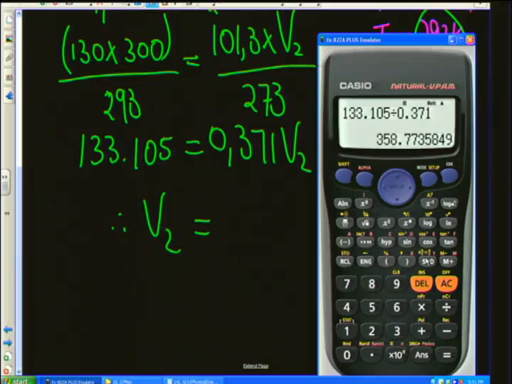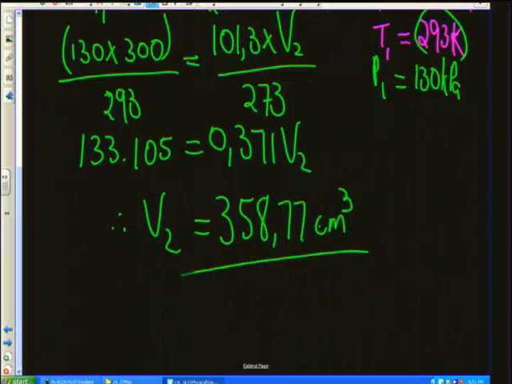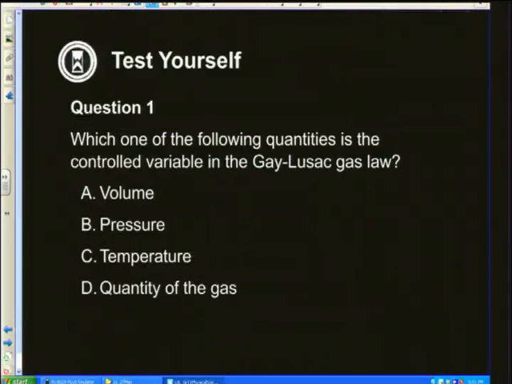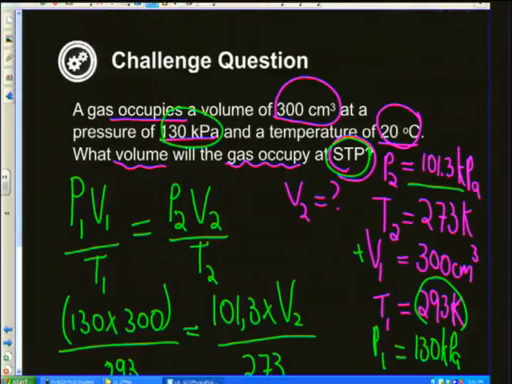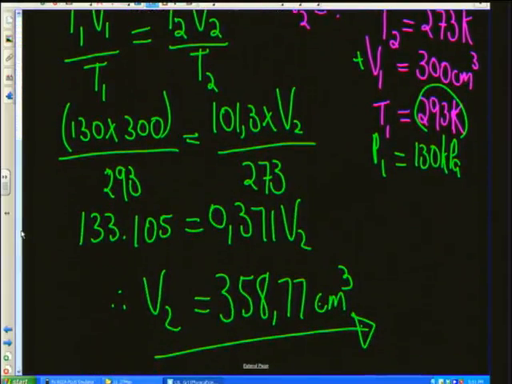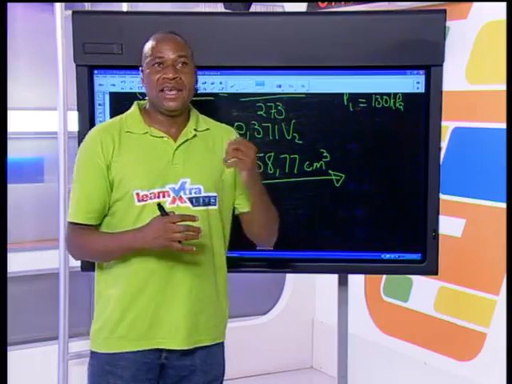So that is 358,77 cubic centimeters. That will be the new volume occupied by the gas, the volume at STP, the volume at standard temperature and pressure, as we were asked.